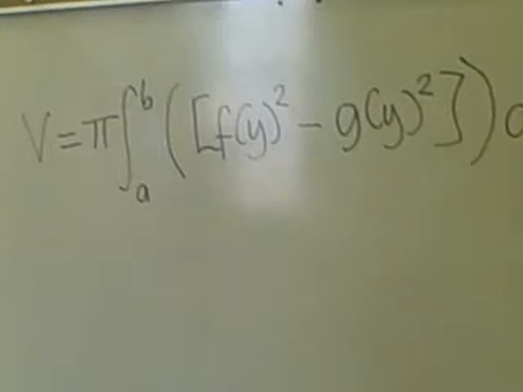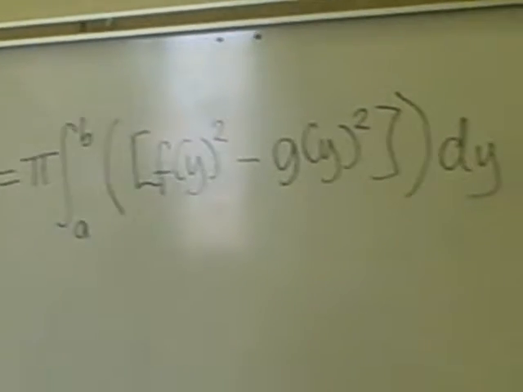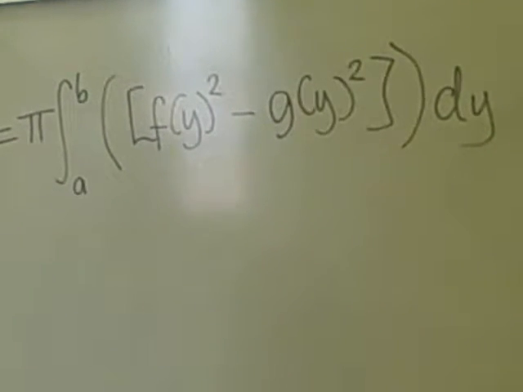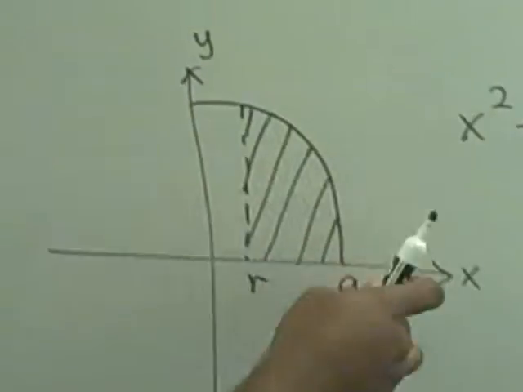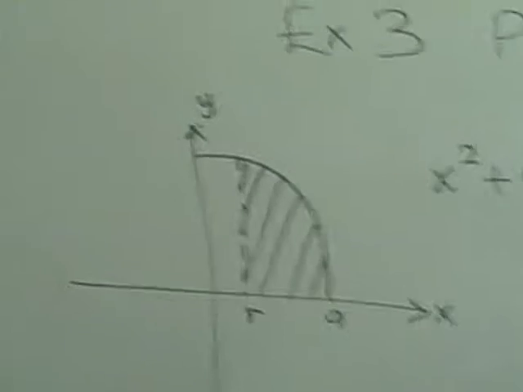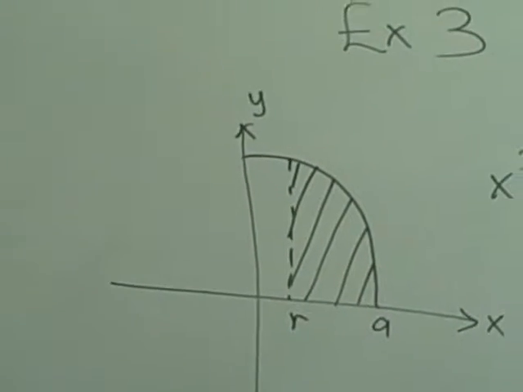In this case, you can easily see that the first graph we're going to use is this one, the curve, and the second one is going to be this one.